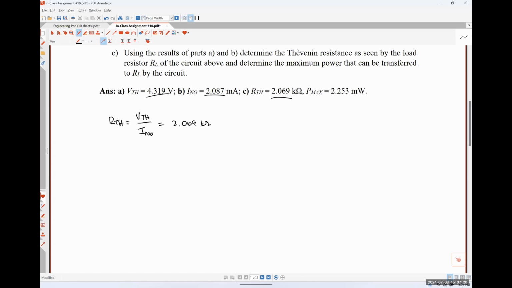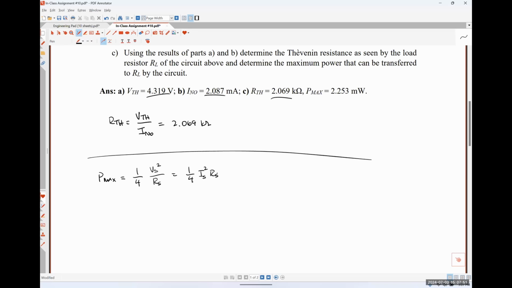So if you recall from our discussion on the maximum power transfer theorem, it's going to be 1/4 the source voltage squared divided by the resistance of the source, which is going to be the same thing as 1/4 times our practical source current squared times the resistance of the source.